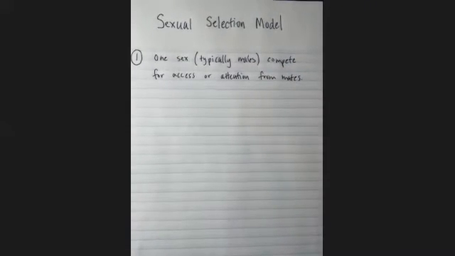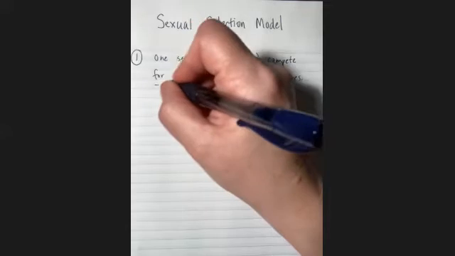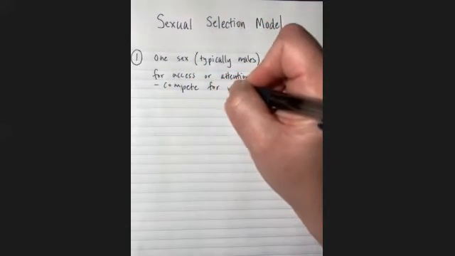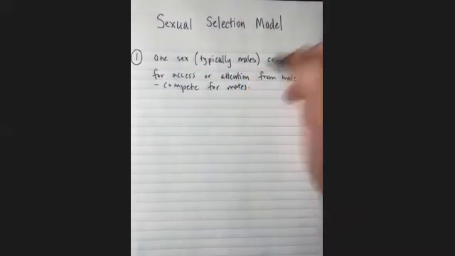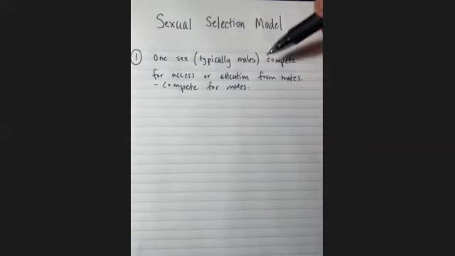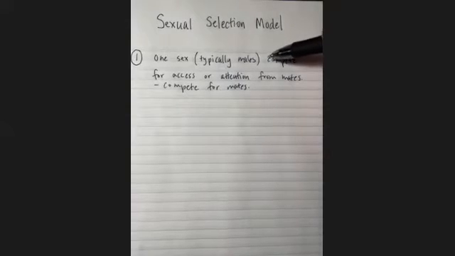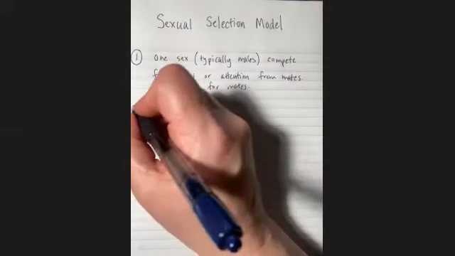So they're competing for mates. This could be a female competing for a male, or a male competing for a female. But typically in the natural world, the males are competing for the females.